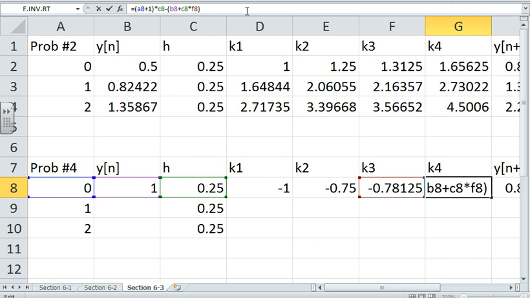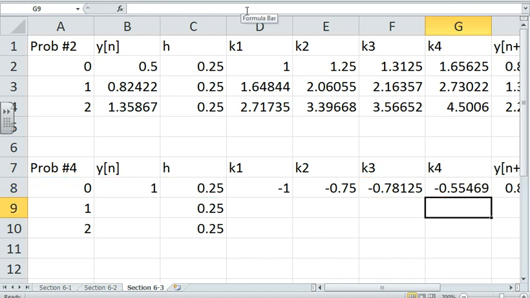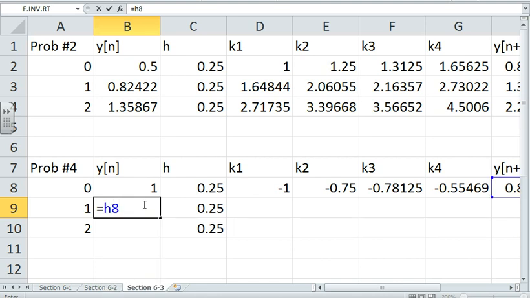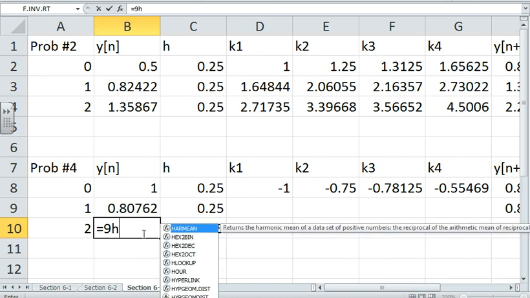Close parentheses. Oh. Okay, excellent. This is going to be what? This is going to be A, B, C, D, E, F, G, H, H8. And this is going to be 9, H.